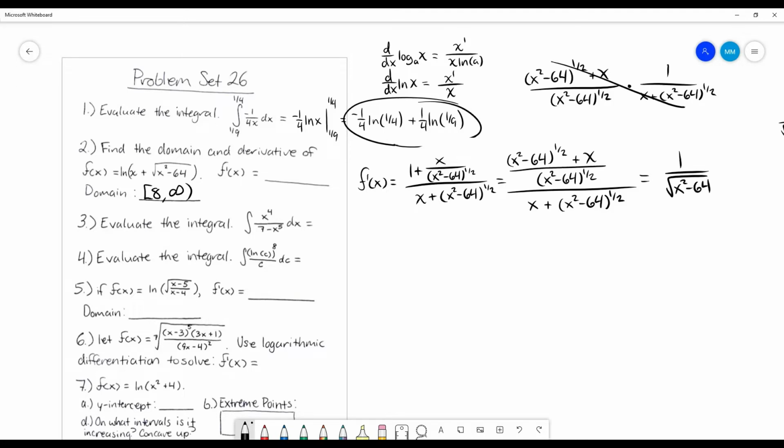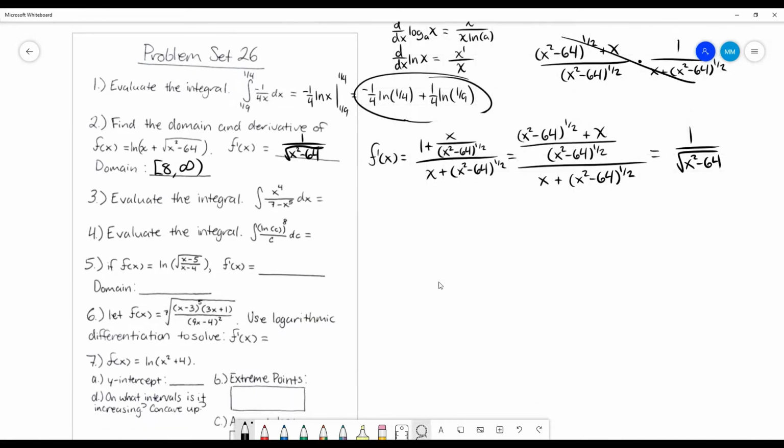And boom, that's going to be our derivative. And I am going to leave it like that because I honestly just don't feel like rationalizing. Sorry about that. But that's our derivative there.